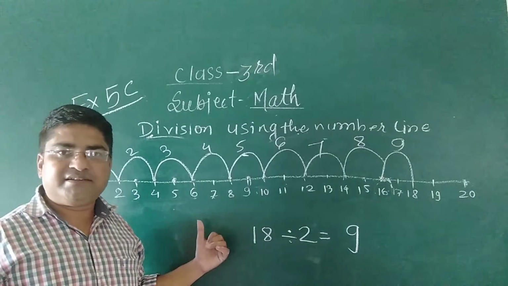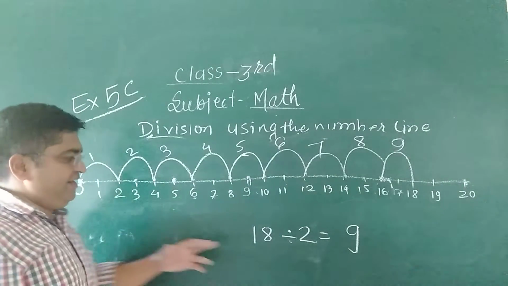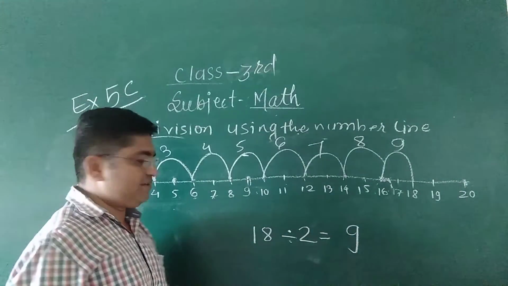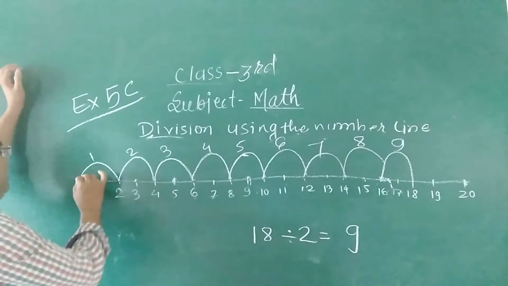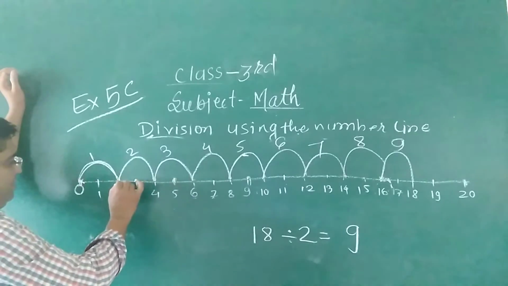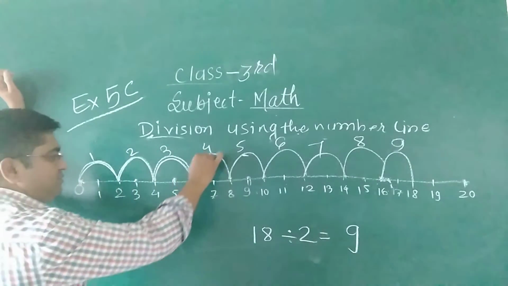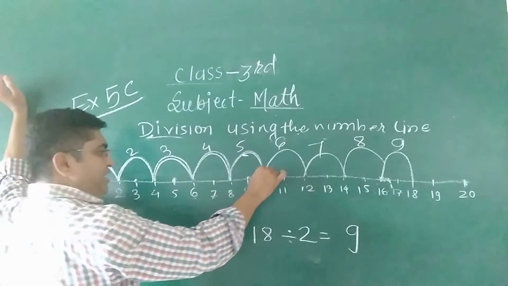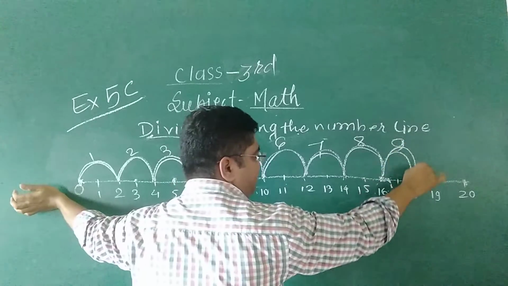So using the number line we have to solve in this way. Is it clear? See here, we have to divide 18 by 2. So on the number line we choose the numbers this way: 0 to 2, next 2 to 4, 4 to 6, 6 to 8, 8 to 10, 10 to 12, 12 to 14, 14 to 16, 16 to 18.